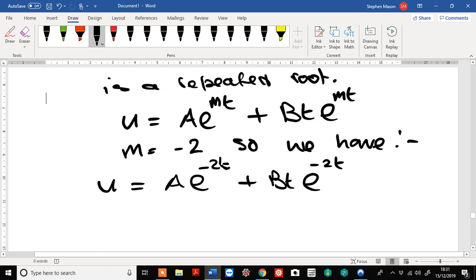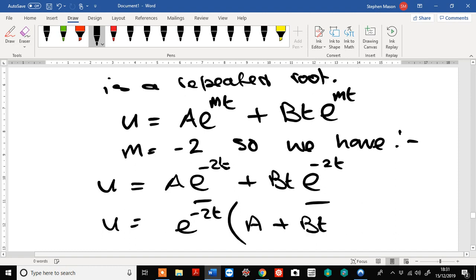Right, okay, well, we can just simplify this a bit. So u equals, well, we can take e to the -2t out, and inside the brackets we've got a plus bt. Right, so we're nearly there.